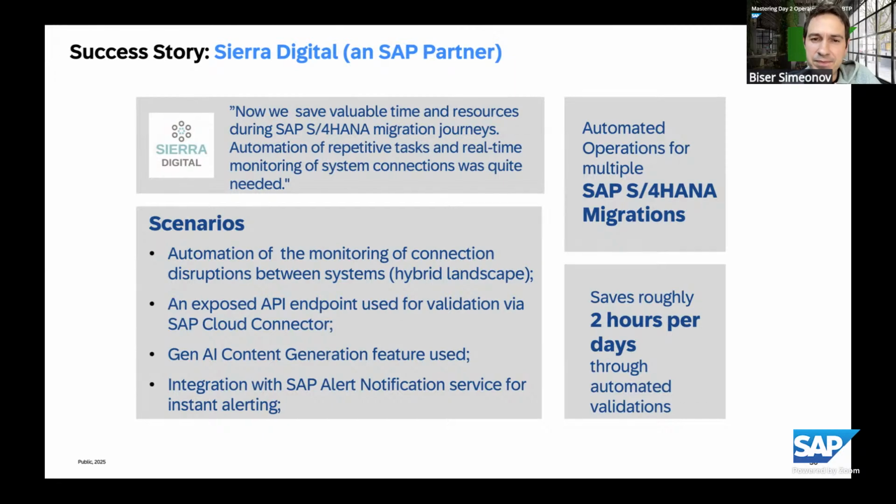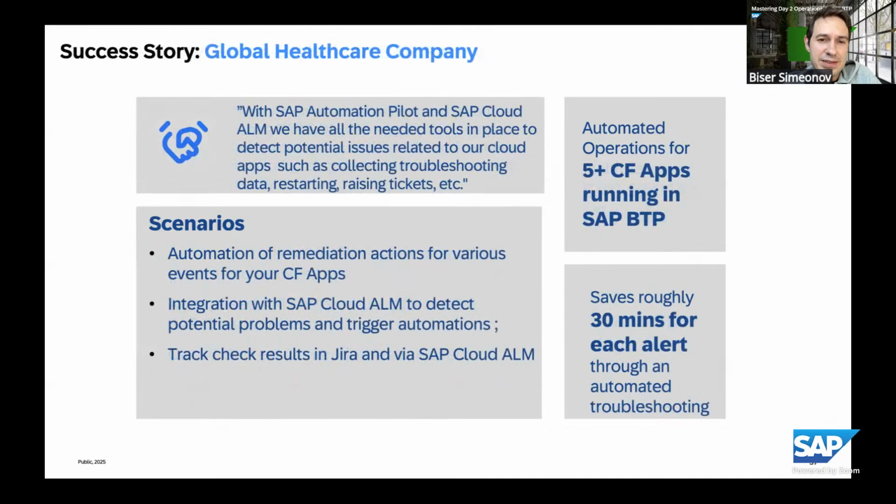We have another use case from a global healthcare company, which used the automation pilot for various Cloud Foundry applications running on BTP, in addition to an integration with Cloud ALM. So you can really see some of those success stories for the automation pilot.